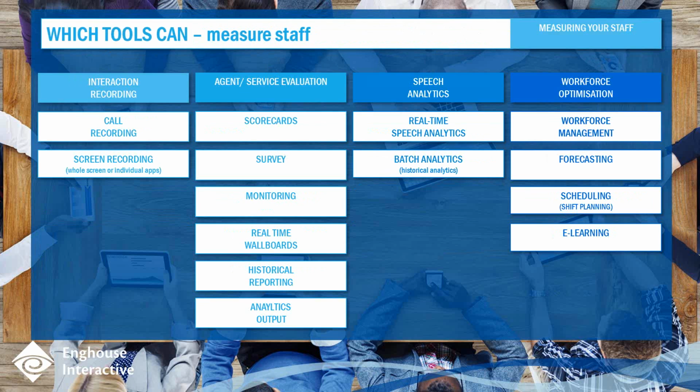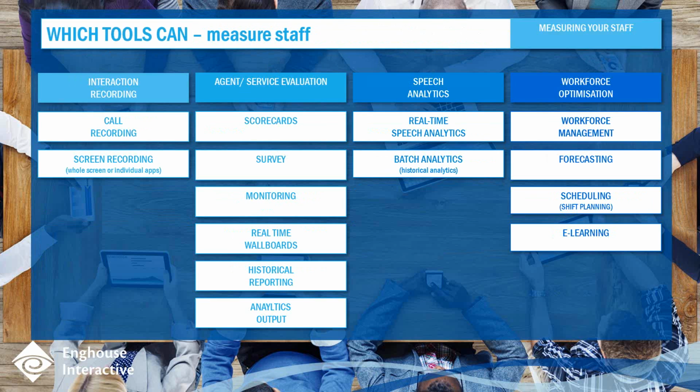So looking at the two in conjunction can identify a training need for the agent, but also a system flaw. It can also identify where an agent is trailing around on the screen, trying to find the right button, and they don't really know where to find the information that the customer is looking for.